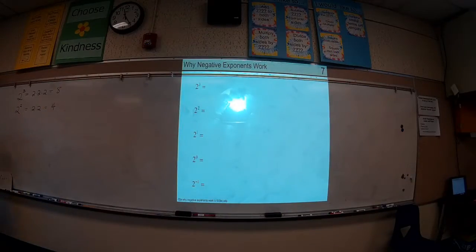Aiden, 2 to the first, which equals 2. Beautiful. 2 to the 0, which equals? Yes, Jackson, 1, because we already learned about that one. We did this earlier. There must have been some function where you had to raise it to a 0 power.